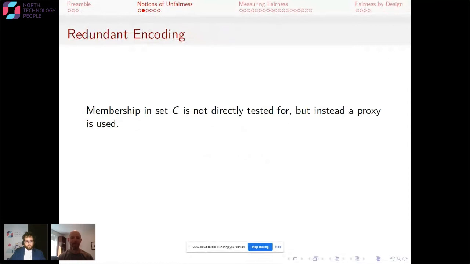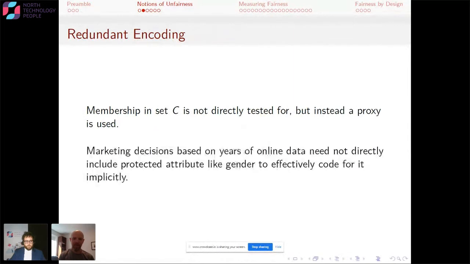I won't mention any names, but there have been a couple of big stories over the last couple of years of banks giving different credit rates to men and women based on their transactions. So you don't have to have that explicitly in your data set, but through redundant encoding, you might find that the models pick up on that.